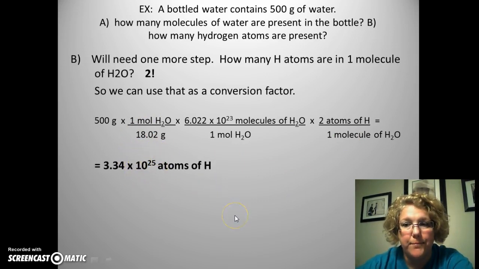Some calculators don't make that really obvious, and so it'll be this big long number, and then a little space, and then the 25, the exponent, at the end. So that's why it's helpful to check and see if your answer makes sense. If I left off this part, would it make sense to say there's 3.34 atoms of hydrogen in a whole bottle of water? No, it doesn't make any sense.